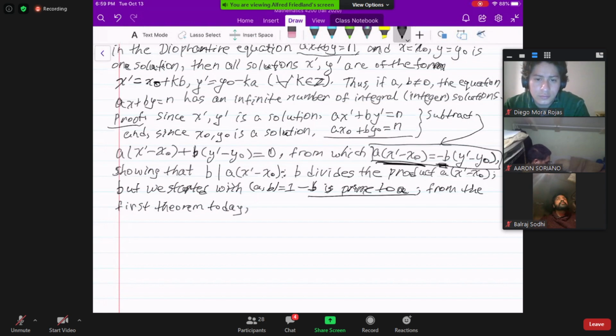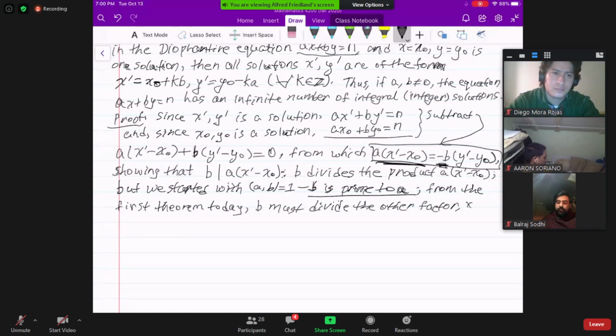But we started with the fact that b is prime to a. From the first theorem today, b must divide the other factor, which is x prime minus x sub 0.